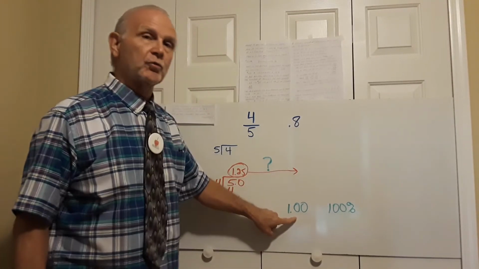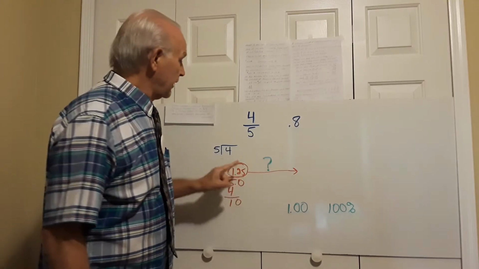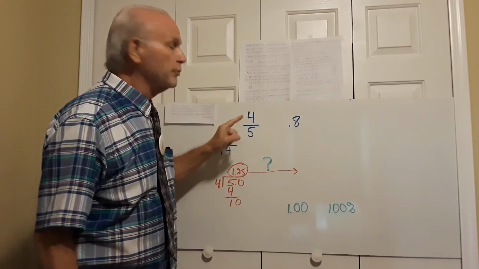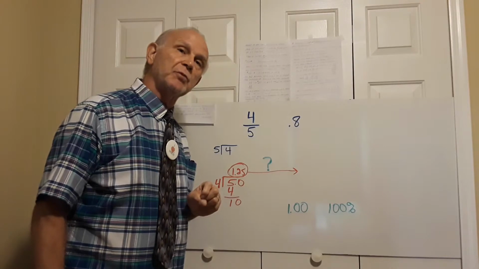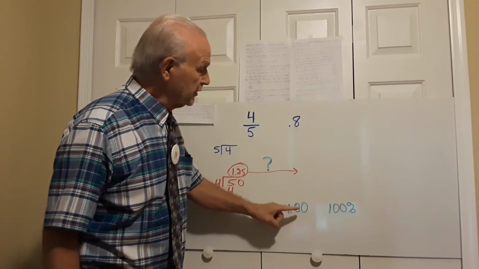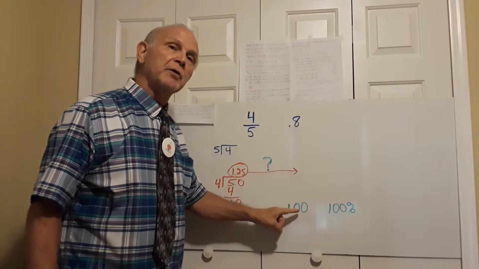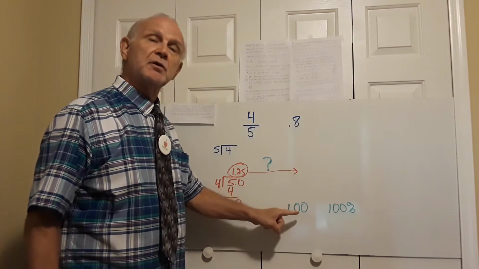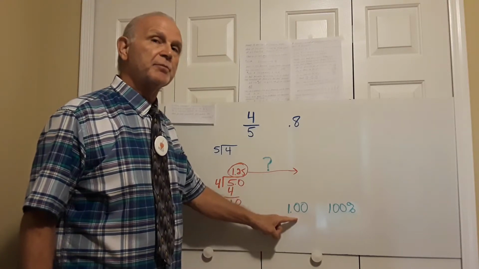You can't have more than 1. When you're dividing a denominator into a numerator, you are going to get a decimal. That decimal must be less than 1. It must be cents, not a dollar. It can't be more than a dollar.